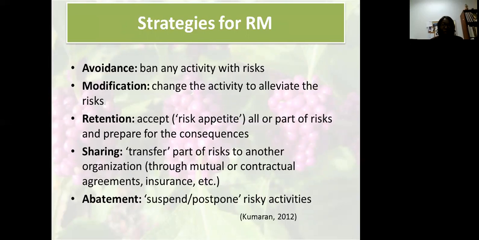So if you're one that has a low appetite for risk, then you'll probably say, no, we won't do that, and you avoid doing everything because you don't want to deal with it. So for us, an activity that we have banned in our Master Gardener program is master gardeners using chainsaws. So no use of chainsaws by our master gardeners.